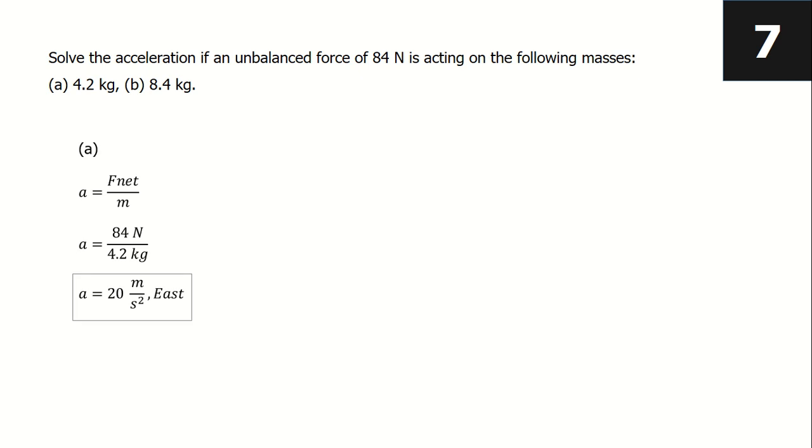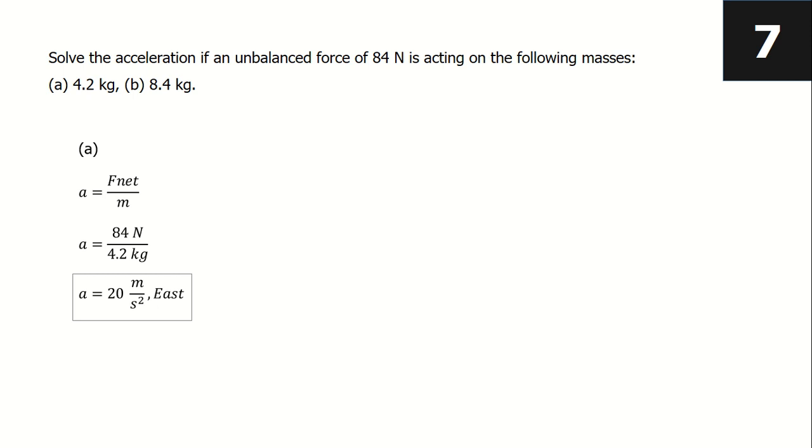So modifying the equation, when you're given the net force and mass, acceleration will be the quotient of the net force divided by the mass. So for the first case, 84 newtons will be divided by 4.2 kilograms. So newtons divided by kilogram, your resulting unit will be meters per second squared.